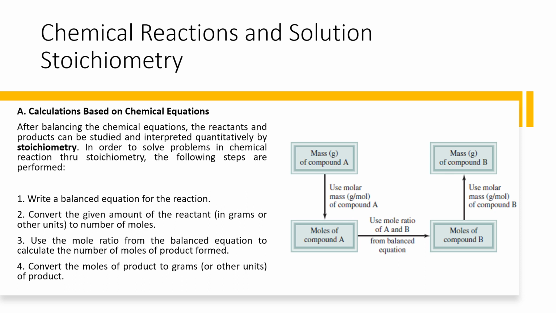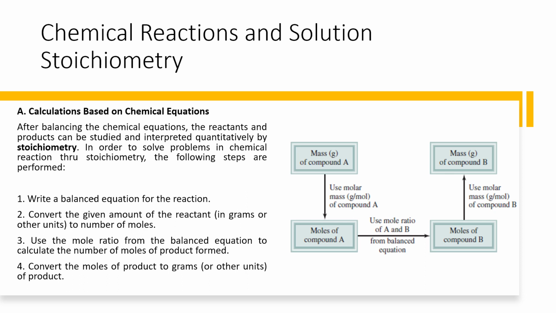So first step is to write the balanced equation for the reaction, and then we convert the given amount of reactant, if it is in grams or other units, to number of moles.